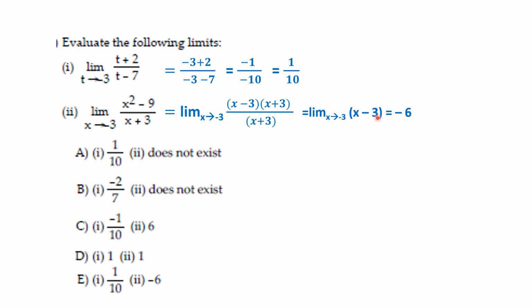So we will plug in negative 3 instead of x, and negative 3 minus 3 will give us negative 6. And that means the correct answer is E, because E has 1 over 10 as the first, and the second negative 6, which is this.